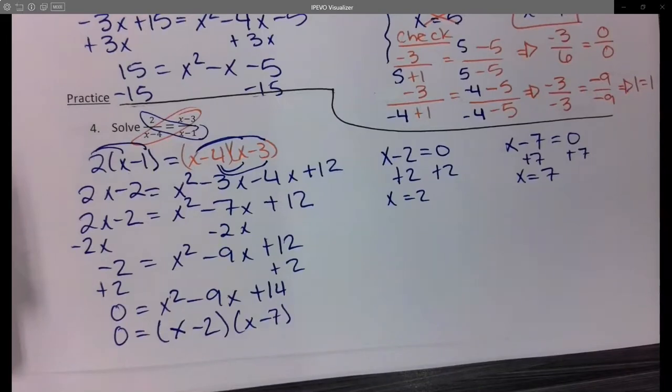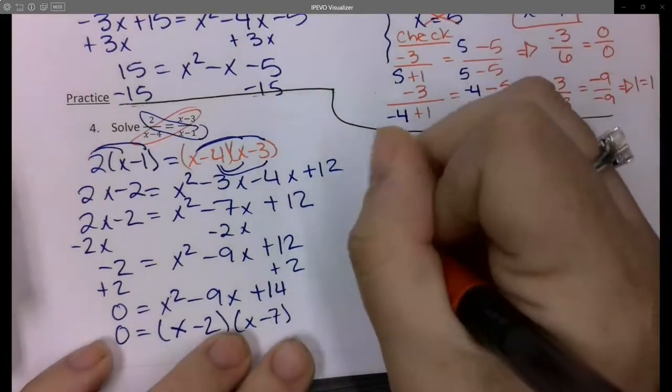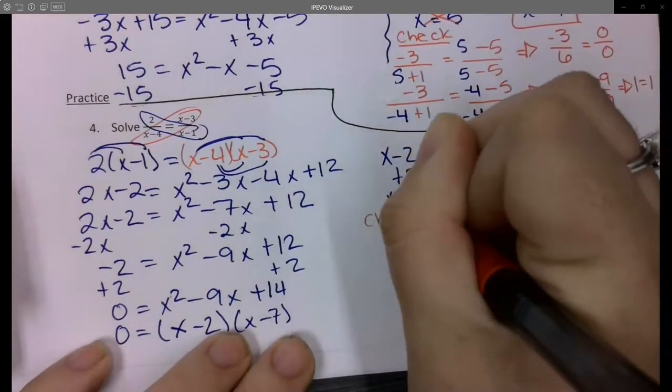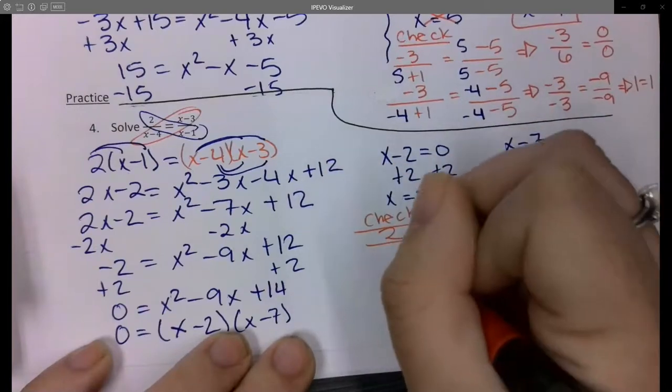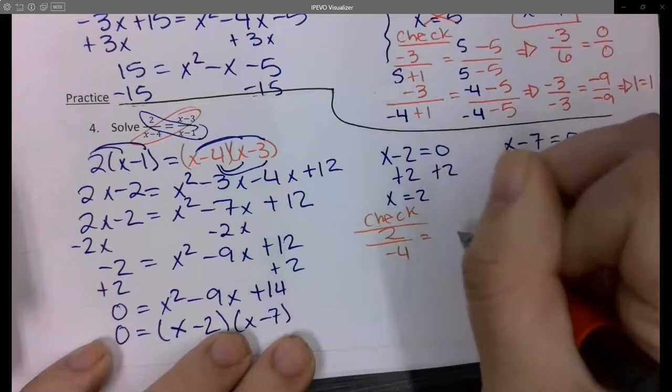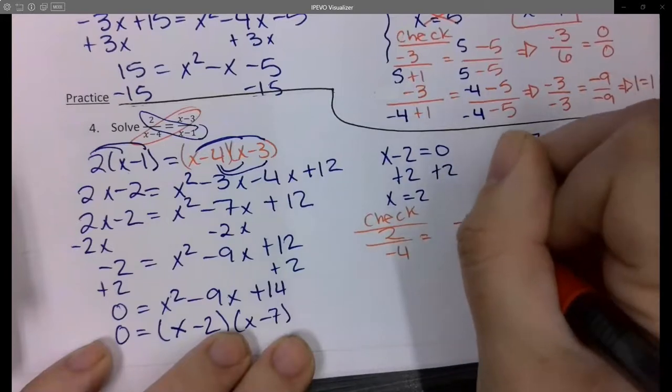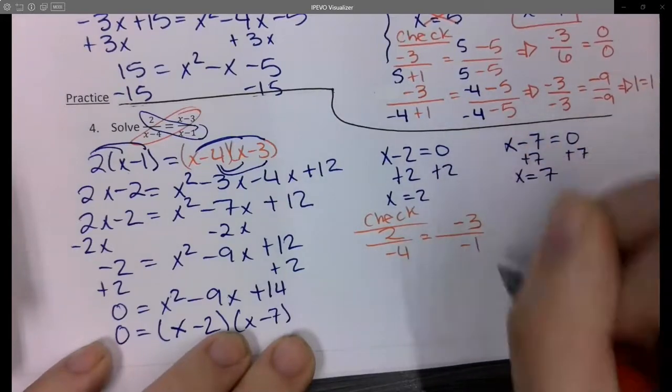Okay. Then I need to go ahead and check. So I'm going to have 2 over x minus 4 equals x minus 3 over x minus 1, with x equal to 2.